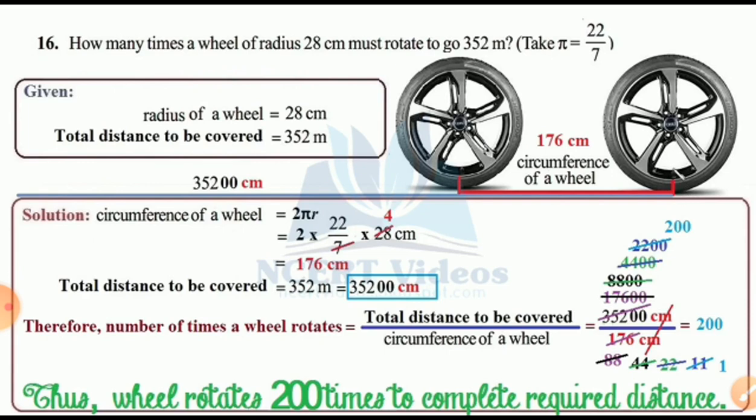Again divided by 2, again divided by 2, again divided by 11. At last you have 20 turns. So 200 times. Sorry, not 20. 200 times is the completion required distance. A wheel has to rotate 200 times to complete 352 meters distance. Is it?